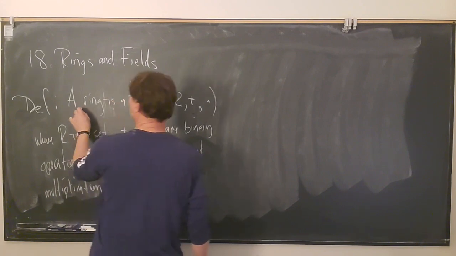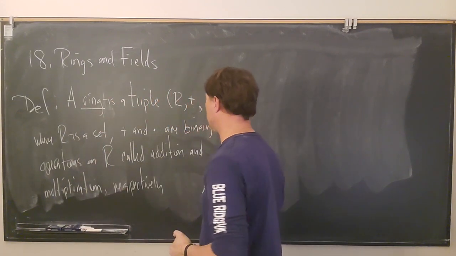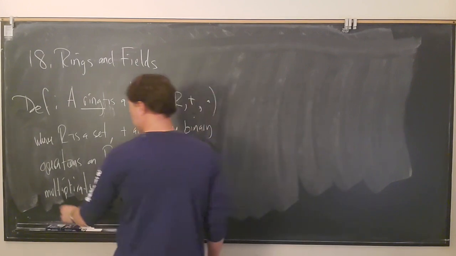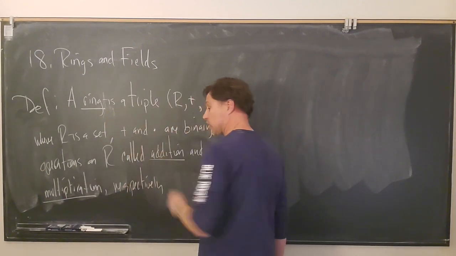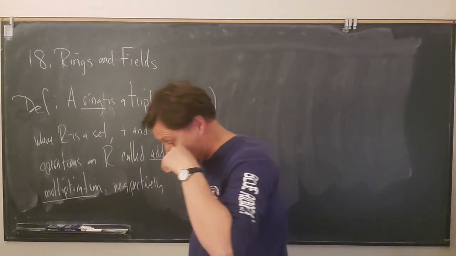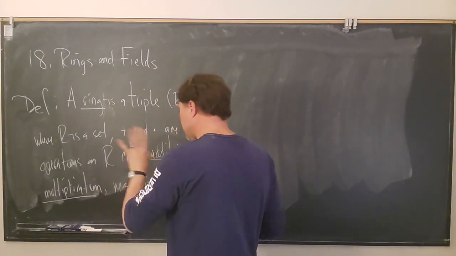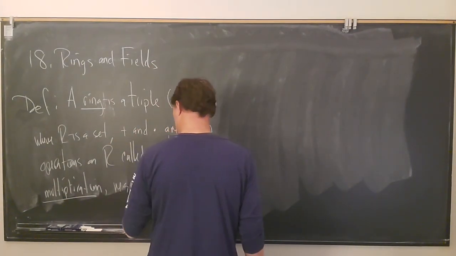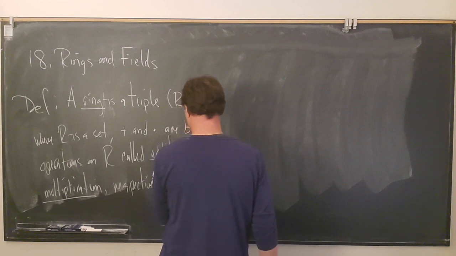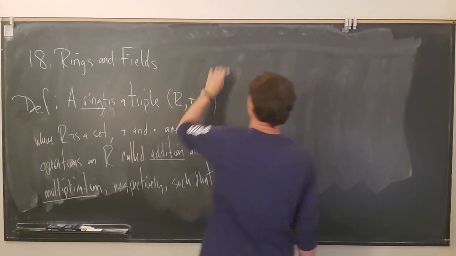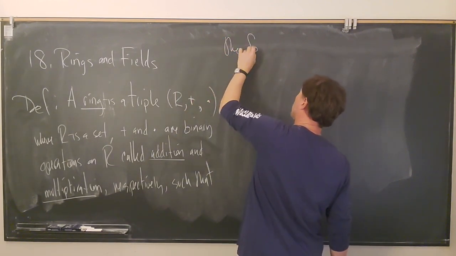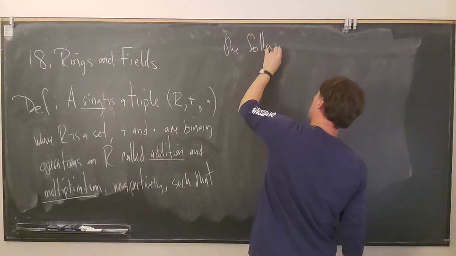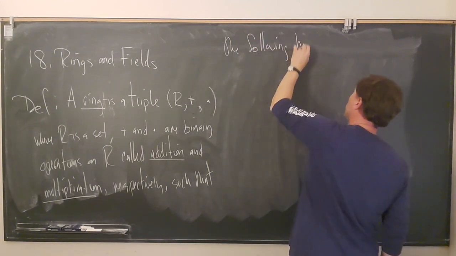I should be underlining the terms here. The ring is the thing we're defining. There are also the names addition and multiplication corresponding to our binary operations, subject to the following axioms, such that the following hold.